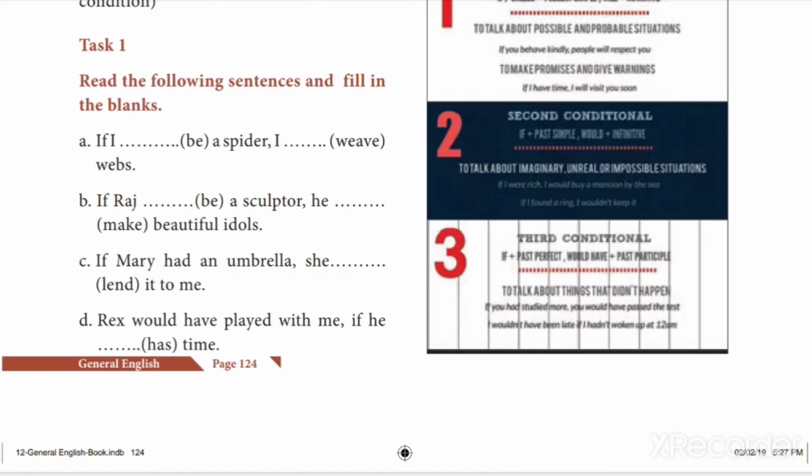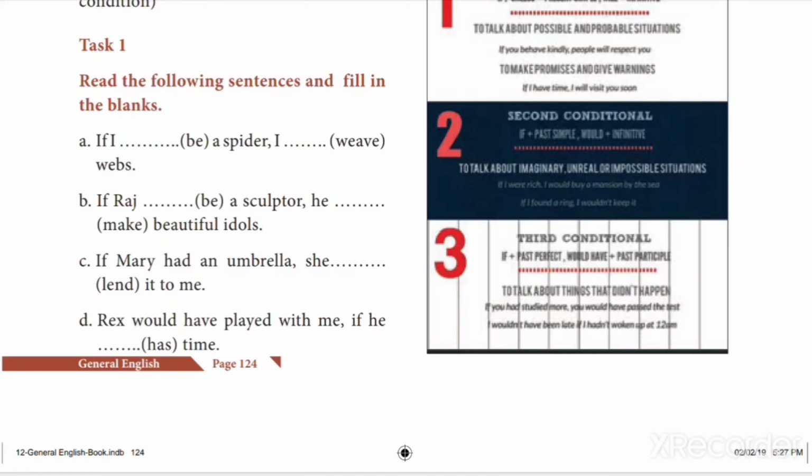In the main clause the combination is would plus infinitive. Coming to sentence B. If Raj dash be a sculptor, he dash make beautiful idols. Here also we speak about a guy named Raj, and it is set in an imaginary condition. He is not really a sculptor, but we imagine if he were a sculptor.